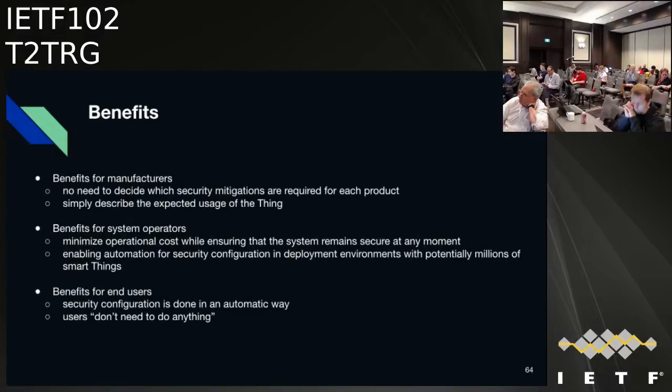For system operators, it minimizes operational cost while ensuring that the system remains secured at any moment. And it enables automation of security. And for the users, basically, they don't have to do anything. Well, maybe they have to include the preferences in the system for security, but otherwise, the whole security configuration will be automated and also potential findings of vulnerabilities.